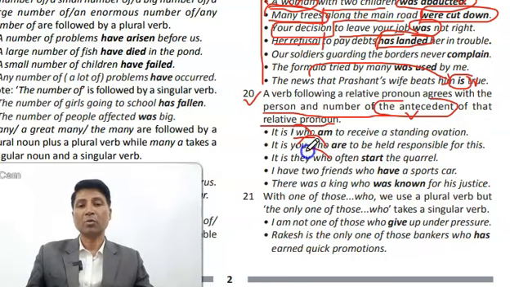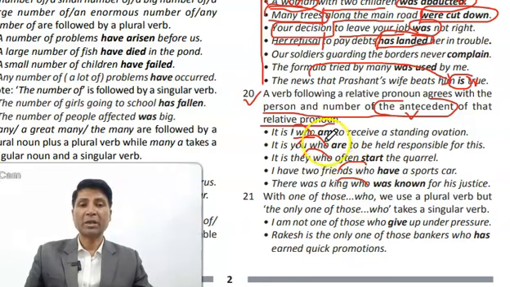Here this who is referring to they, or in other words you can say they is the antecedent of this relative pronoun. Here this who is coming for two friends. In other words you can say two friends is the antecedent of this relative pronoun. Here this who is coming for a king. In other words you can say a king is the antecedent of this relative pronoun.